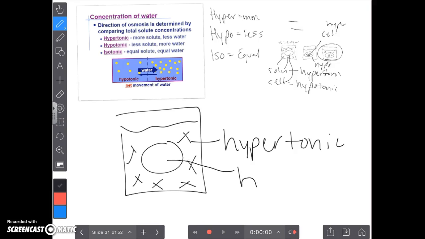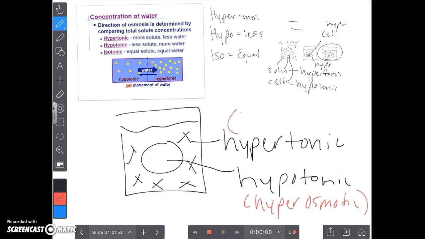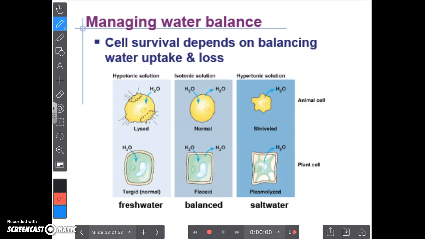This is hypotonic, meaning I have less sugar, but in the same sense, hypotonic has more water, so it's hyperosmotic. Whereas the hypertonic has less pure water, so that's hypoosmotic. So you can imagine that the one that is equal, the isotonic, is also isoosmotic.